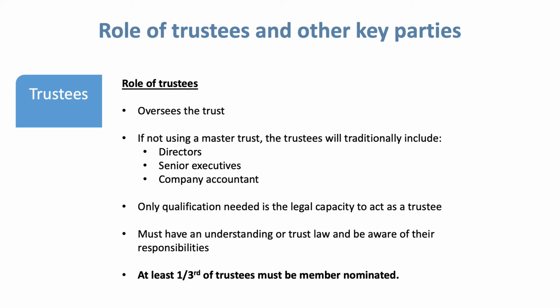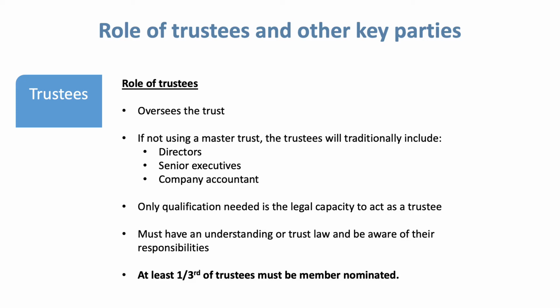So first up, we've got the role of the trustees. And we've mentioned these on a number of occasions that essentially these oversee the trust and are the legal custodians of the trust assets. If you are not using a master trust, which is an off-the-shelf one-size-fits-all, the trustees will traditionally include directors, senior executives and the company accountant of the particular firm.